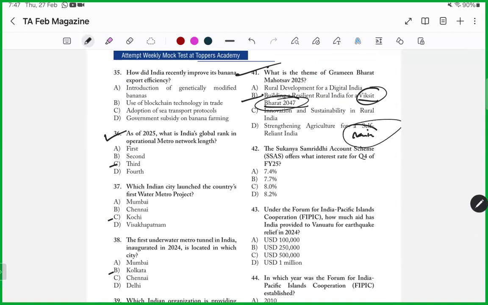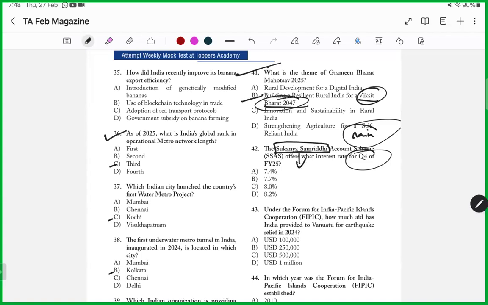Okay, then the Sukanya Samriddhi account scheme offers what interest rate for Q4 of financial year 2025? Let me ask you, what is Sukanya Samriddhi scheme? Girl child account. Okay.